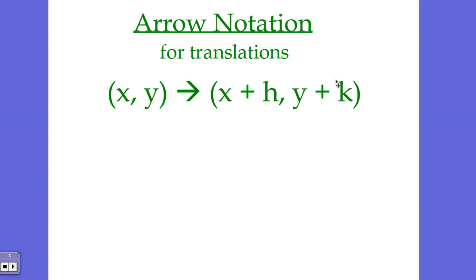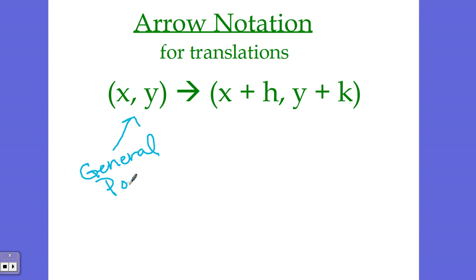The arrow notation. Arrow notation is something we're going to do for each and every transformation. Let's talk about what that is. In the beginning of arrow notation, I have this set of coordinates. This set of coordinates is a general point.